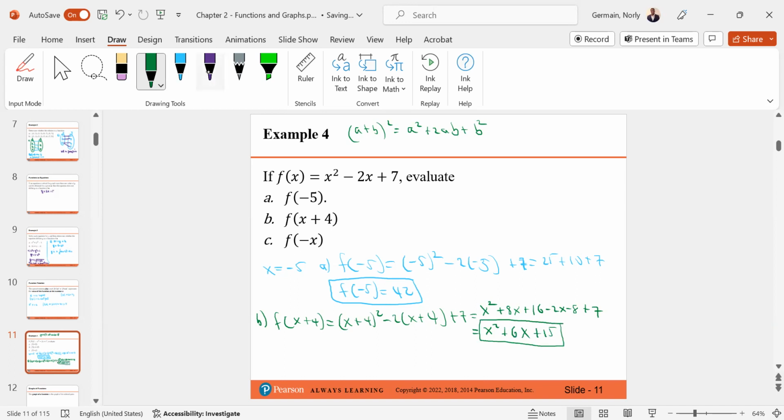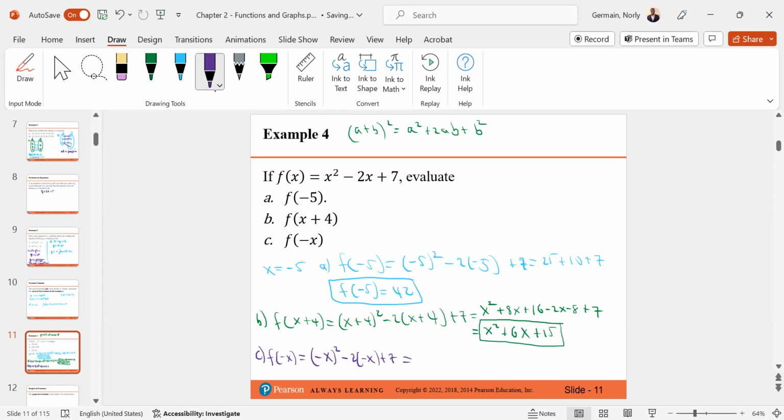All right. Now, if you look at C, where it says f of negative x, everywhere you see x, replace it by negative x in the original equation. Negative x to the power 2 minus 2 times negative x plus 7.